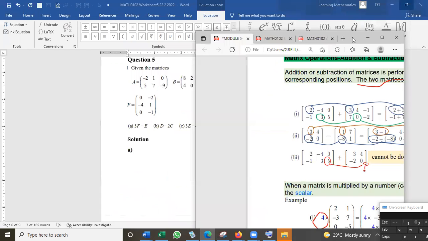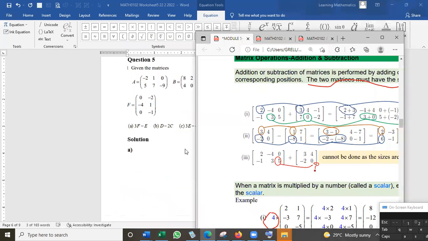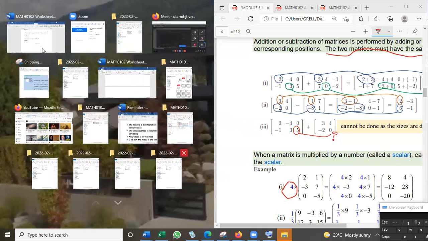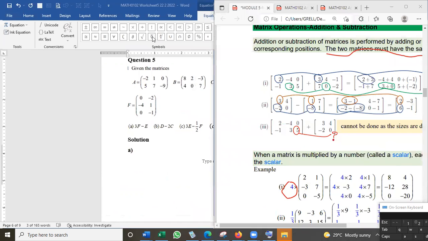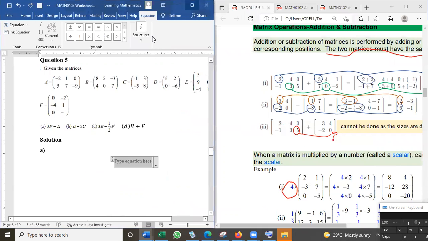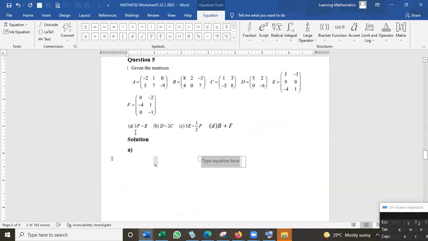So when I come here now in my worksheet, I am seeing now that I need to subtract F and E. F is a 3 by 2. E is also a 3 by 2.